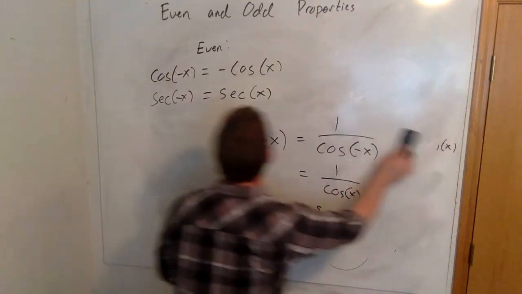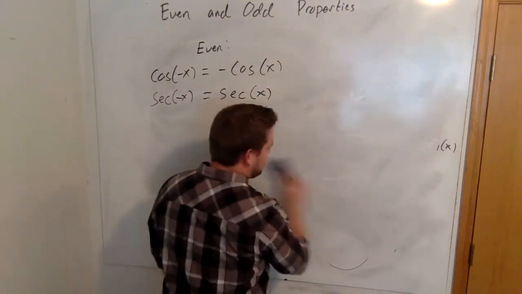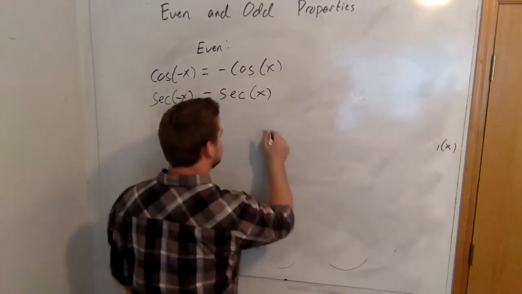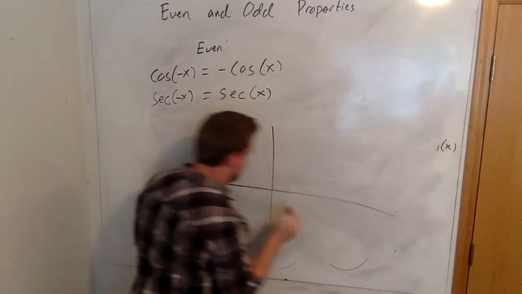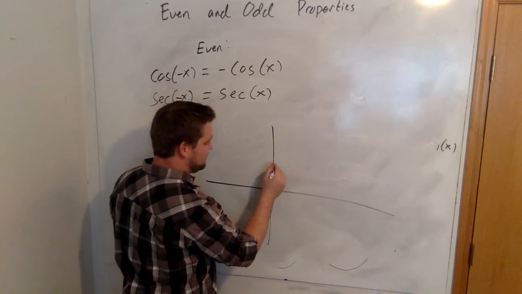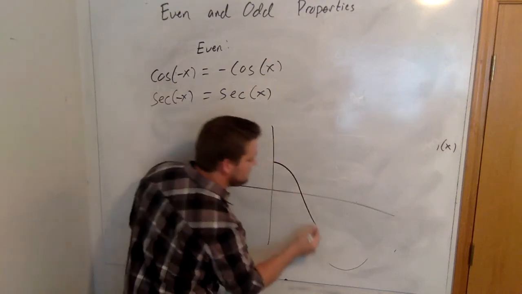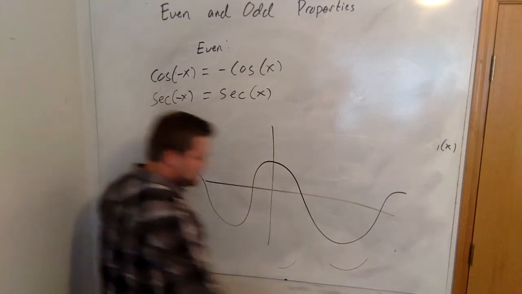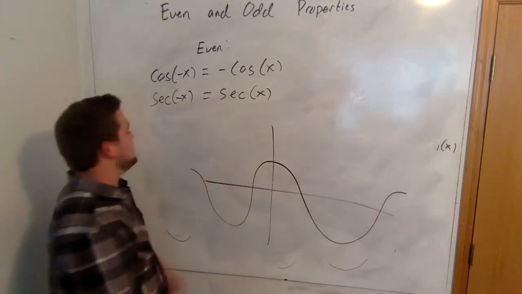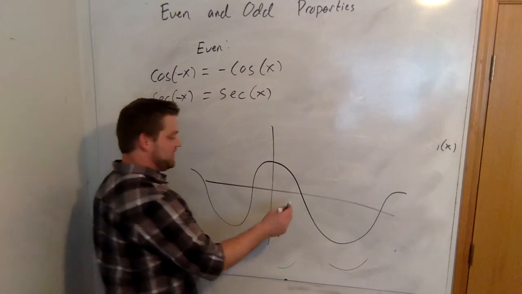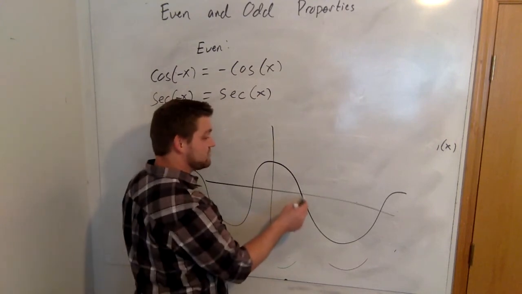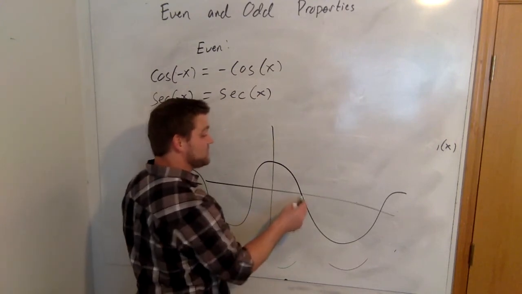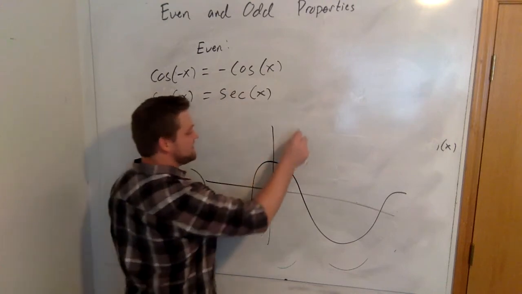We could also see this from the graph of secant. The way I think about secant is reciprocating cosine. Here's a rough sketch of cosine. Remember, secant is 1 over cosine, so any place where cosine is 0, the x-intercepts of cosine become vertical asymptotes of secant.